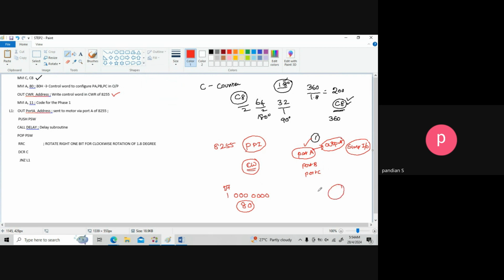The stepper motor has 4 lines, and these are connected with port A. So we set the control word as 80H.